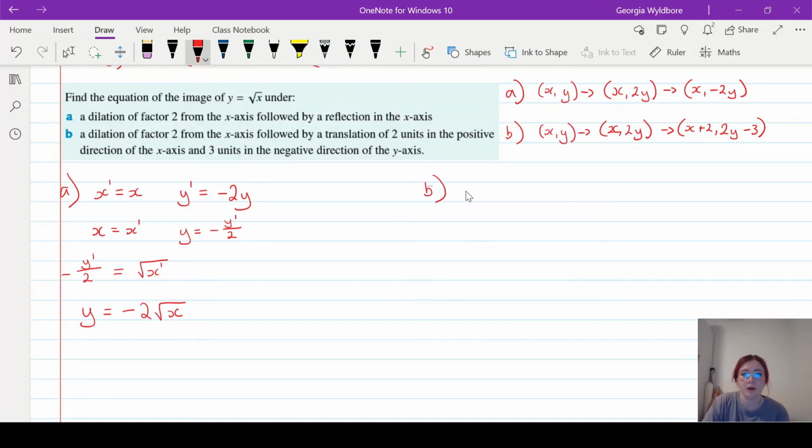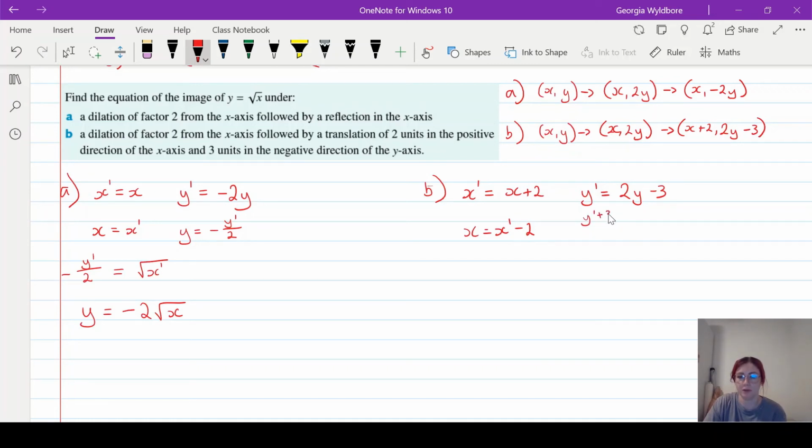Part B, we know that (x, y) is going to map to (x plus 2, 2y minus 3). So x dash is going to equal x plus 2. y dash is going to equal 2y minus 3. Again, we rearrange: x equals x dash minus 2. This one I'm going to do in 2 steps so I don't mess up.